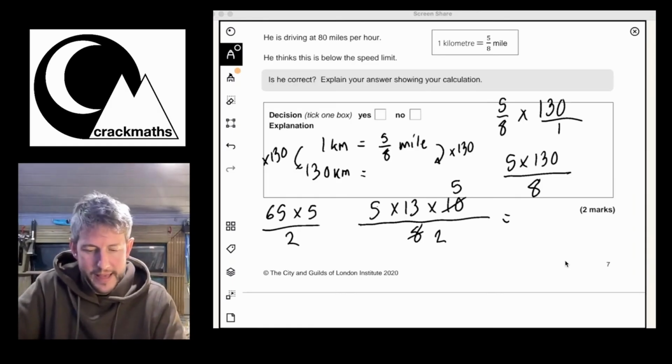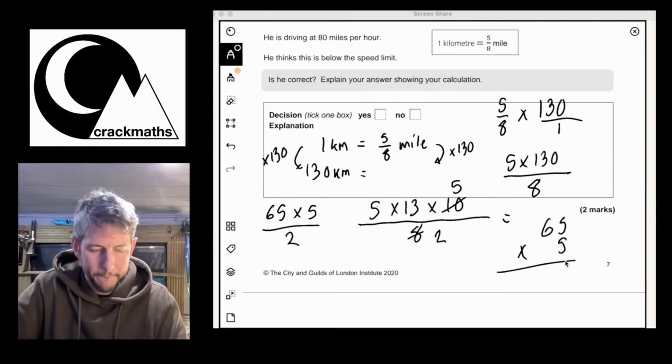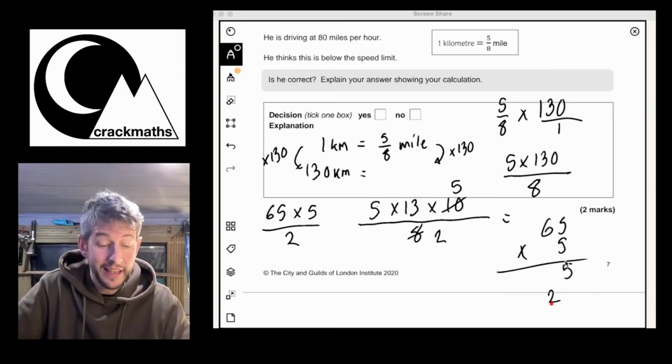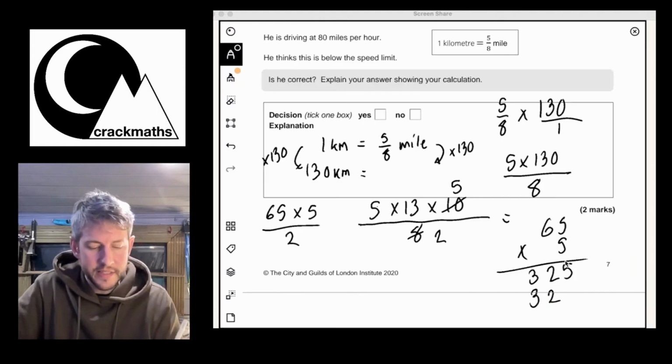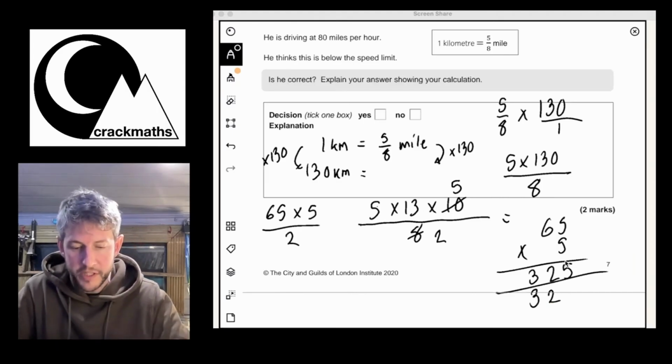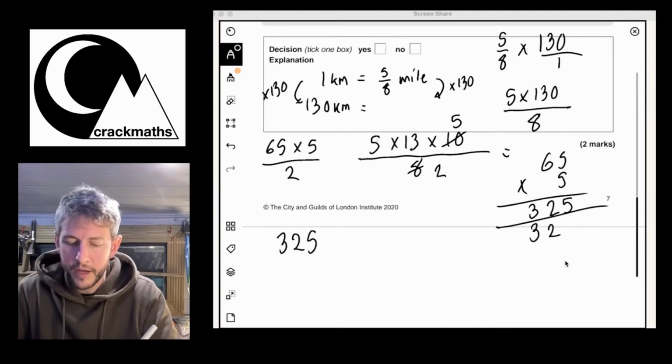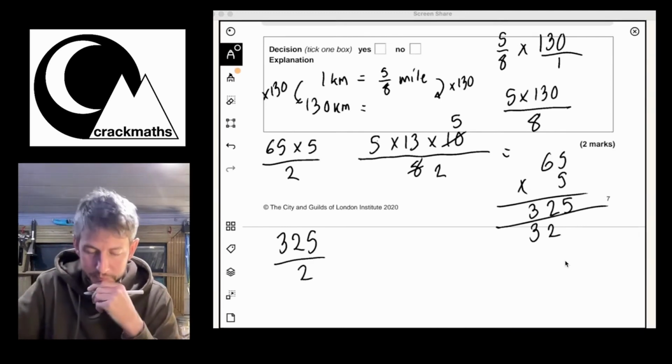We've got 65 times 5. 5 times 5 is 25. 5 times 6 is 30, add the 2 is 32. So this is 325 over 2. So there we've got 325 divided by 2.